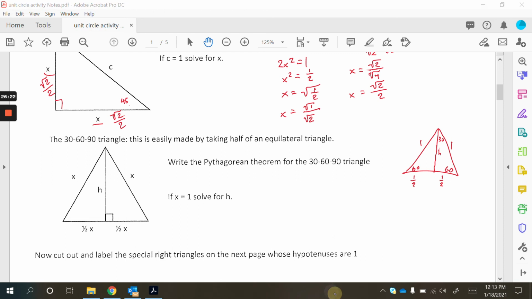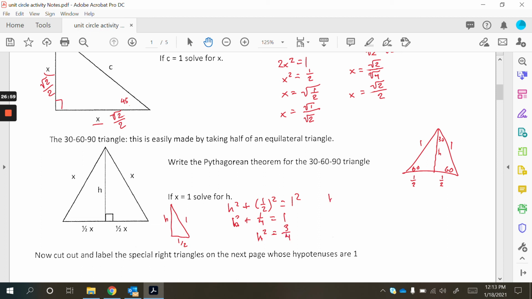So this triangle right here, where it's a 1/2 and a 1, and we just don't know that, so a squared plus b squared is equal to c squared. All right, if we minus a 1/4 from each side, 1 minus 1/4 is going to leave us with 3/4.